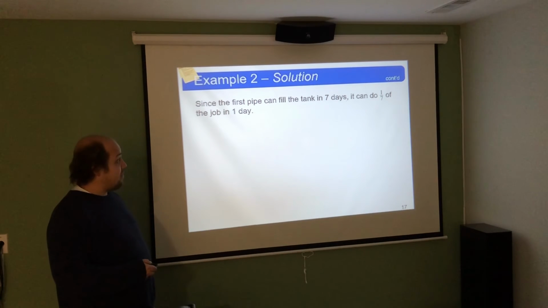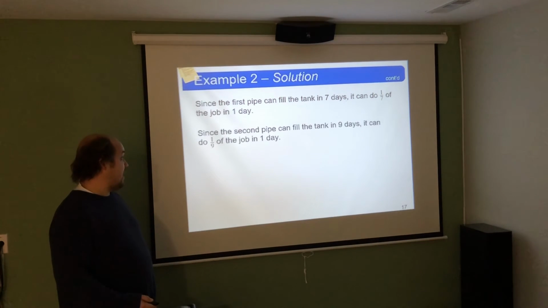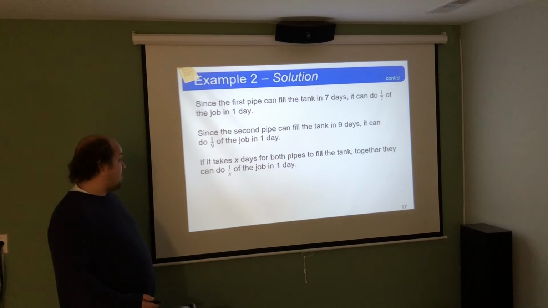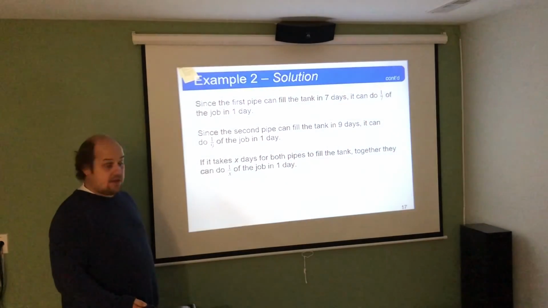Since the first pipe can fill the tank in 7 days, it does 1/7 of the job in 1 day. Since the second pipe can do it in 9 days, it does 1/9 of the job in 1 day. If we add those two together, we then get that it takes x days to both fill the tank, so together they can do 1/x of the job in 1 day.